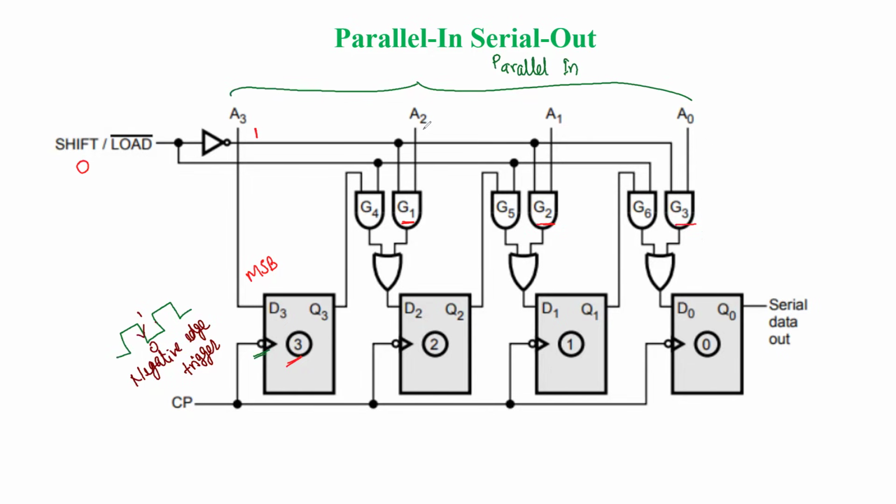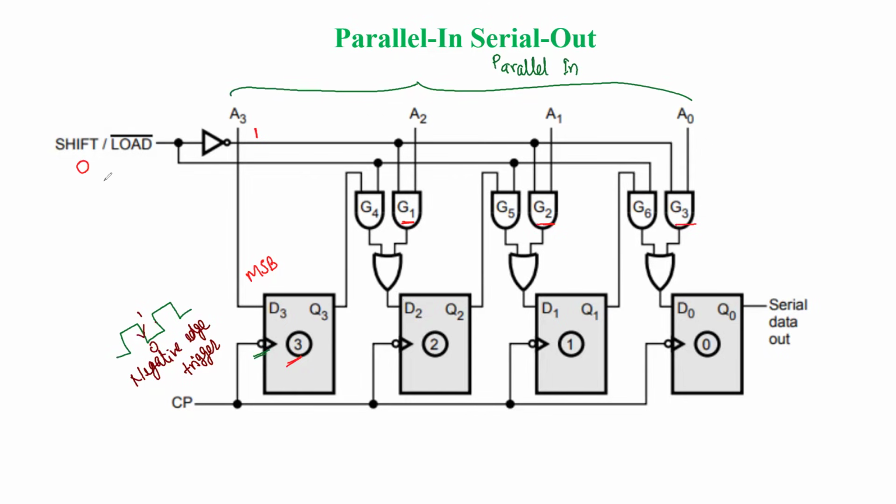So whatever data inputs we want to send here, that is going to be high. Both inputs to gate G1 are high. So G1, G2, G3 will produce logic 1 output, which is going to be stored at the input of each flip-flop, like D2, D1, D0.